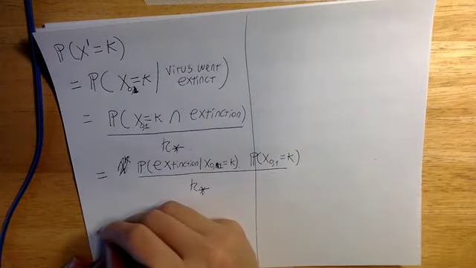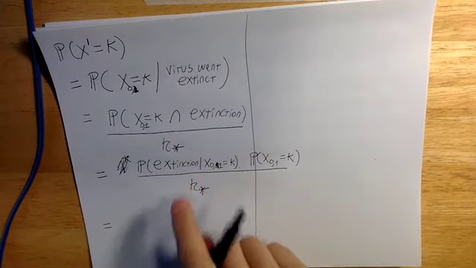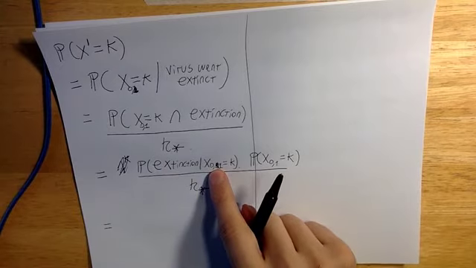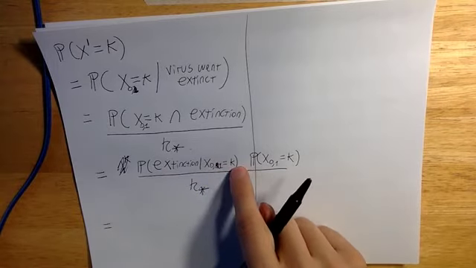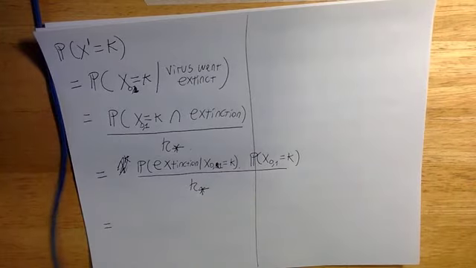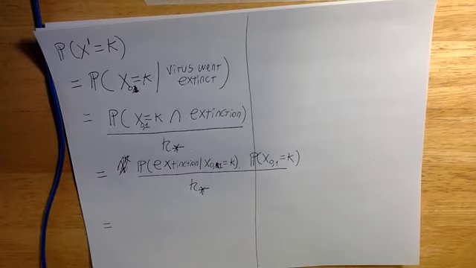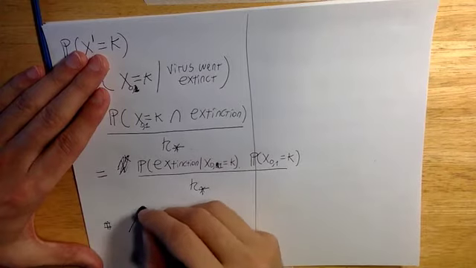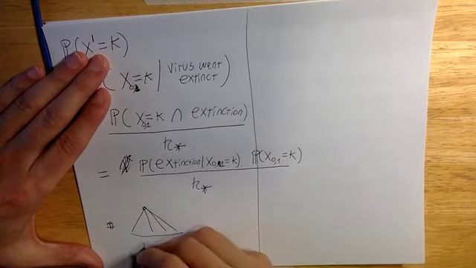But okay, now what is the probability of extinction given that the first person infected k people? Because all of these things are independent, we have the first person, and this person has infected k people.